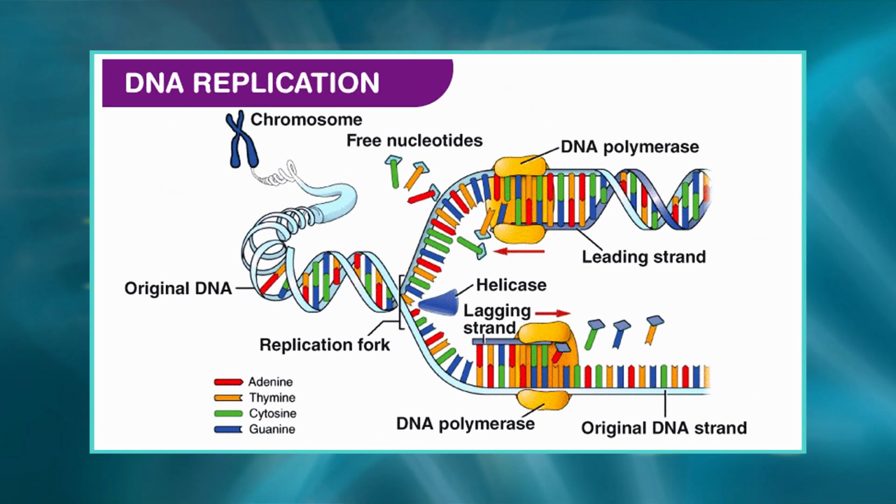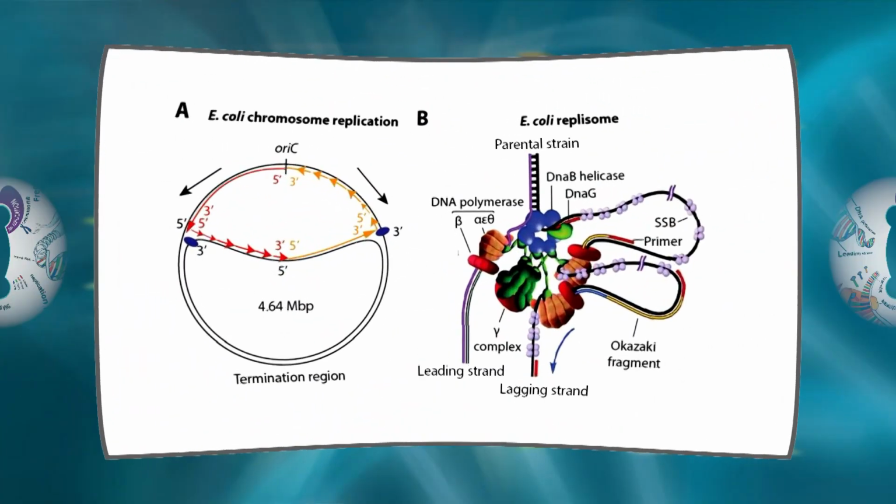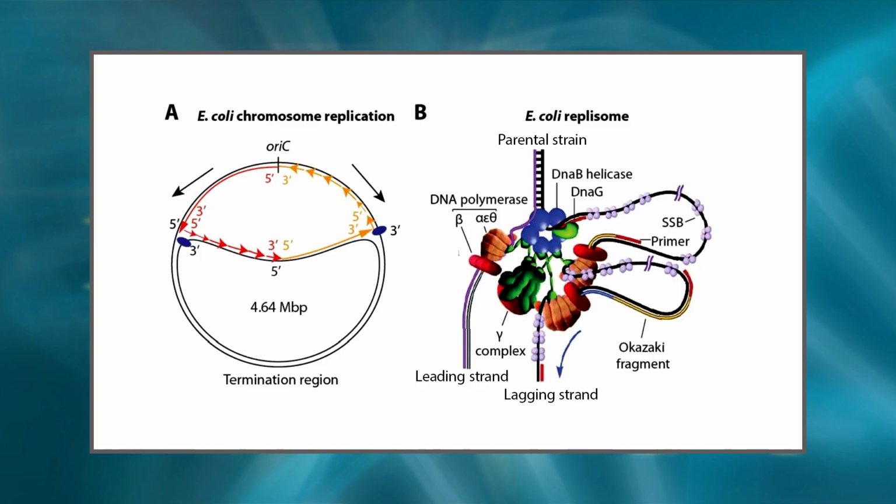DNA replication is one of the most essential mechanisms of a cell's function, and therefore intensive research has been done to understand its processes. The mechanism of DNA replication is well understood in Escherichia coli, which is also similar to that in eukaryotic cells.